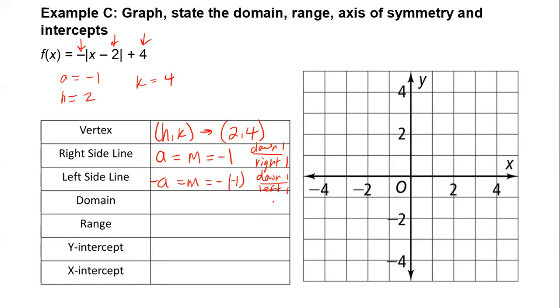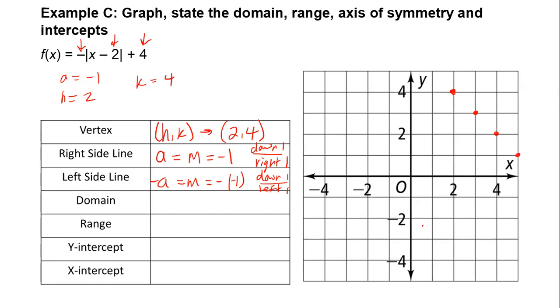Are we ready to graph our function now? Ready, set, go. We're going to go to 2, 4. That's my vertex. To find the right side, I'm going to go down 1 and right 1 because my slope was -1. So we go down, right, down, right, down, right.